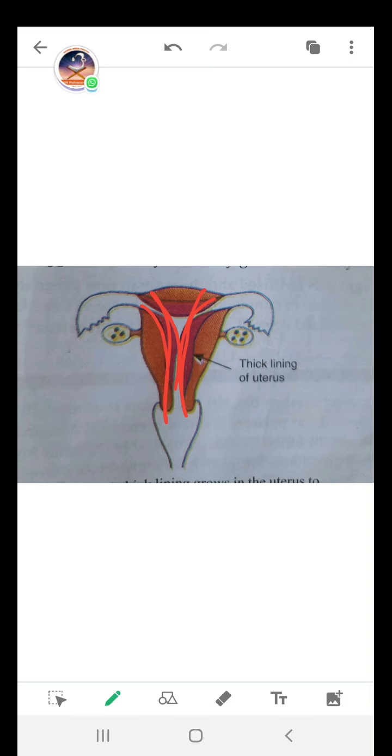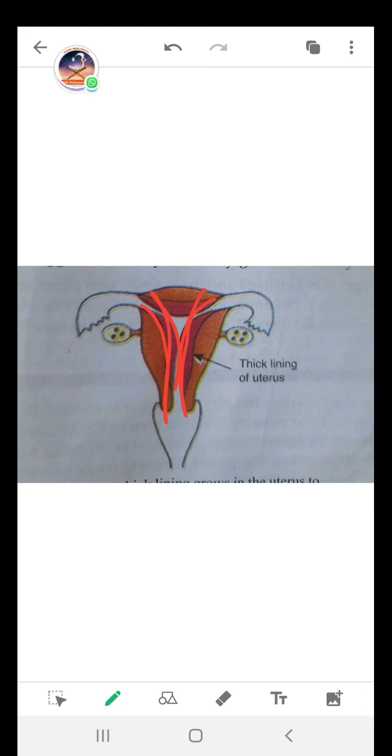These changes in the uterus are necessary because in case the egg released by the ovary gets fertilized by the sperm, then the uterus has to keep that fertilized egg also.